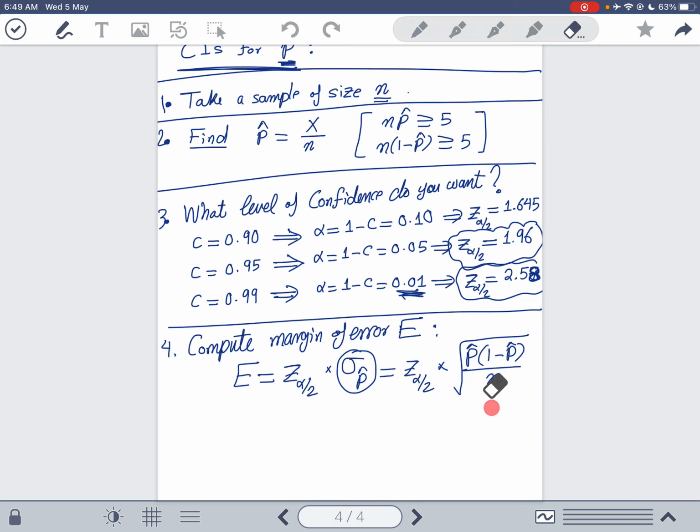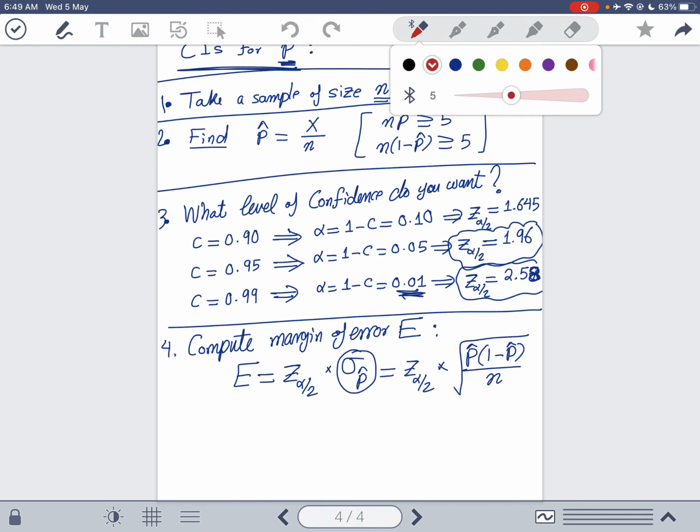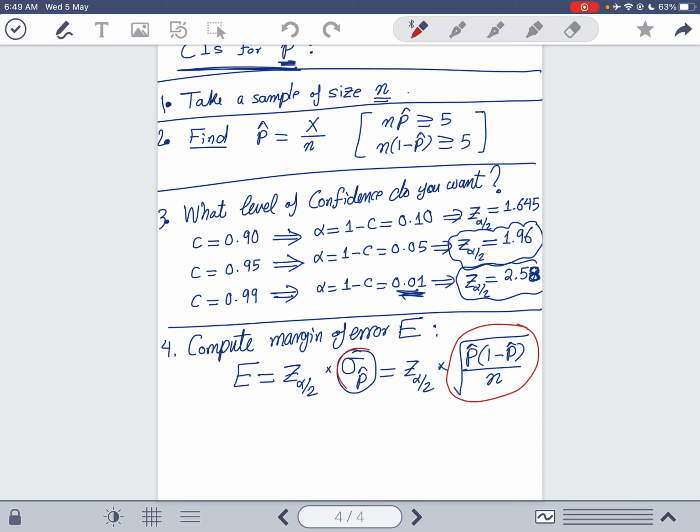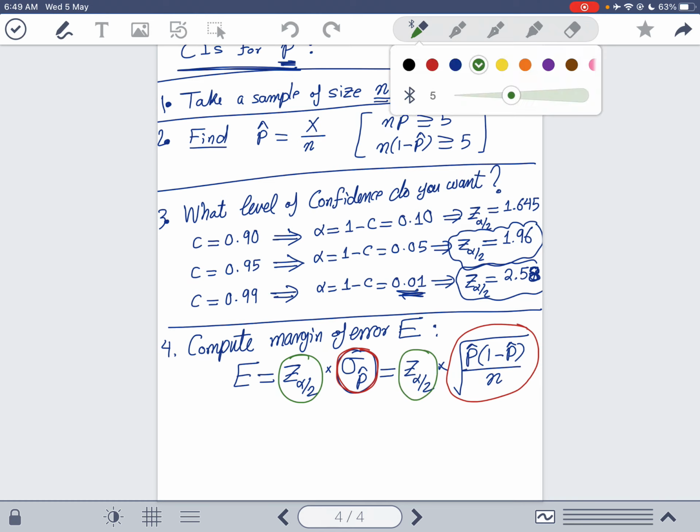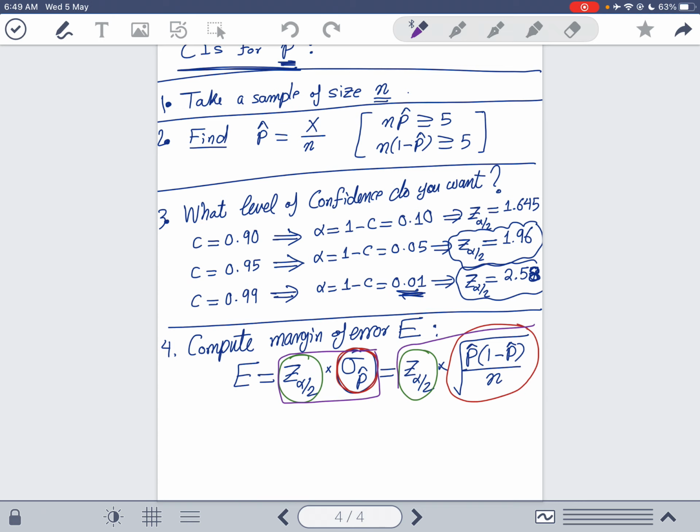Okay, so this is the margin of error. How about this? I'll put Z alpha over 2 in red and the other one in green, and then the entire thing in purple. This whole thing is the margin of error.